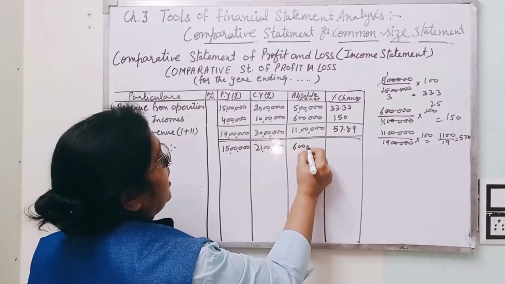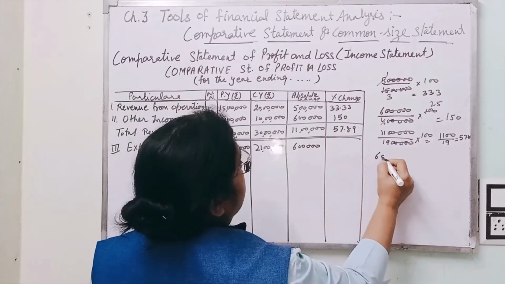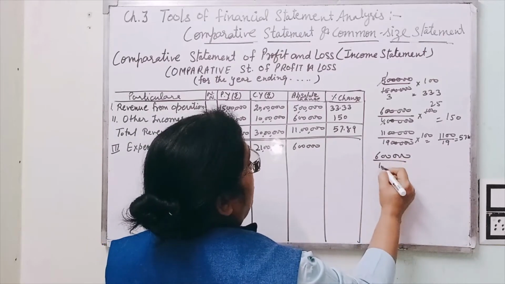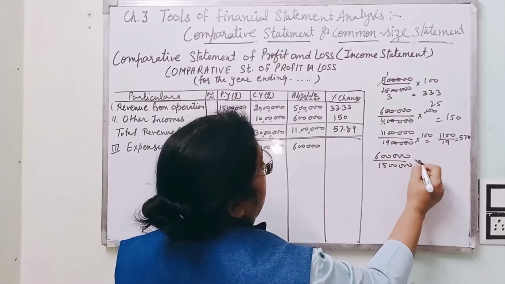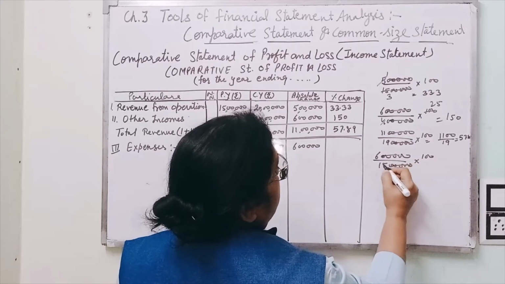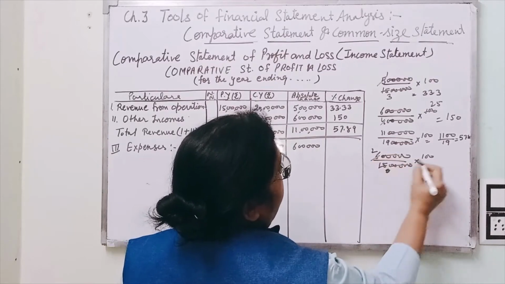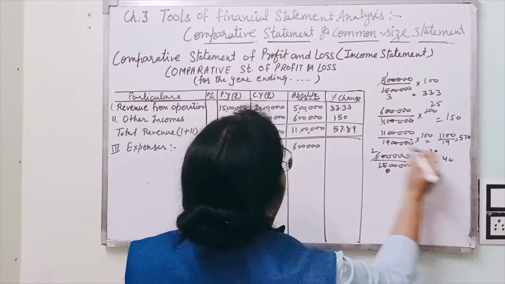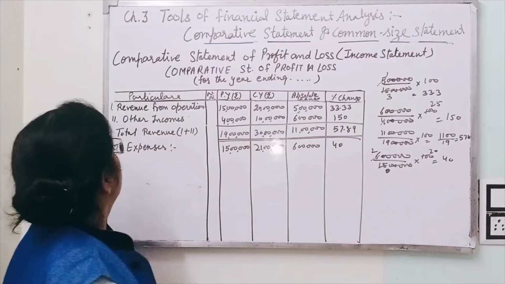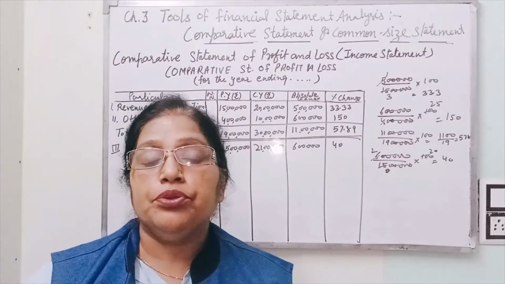Absolute change is 6 lakh. Percentage change 6 lakh upon 15 lakh multiply by 100. 3, 5, 20 means 40%. Nothing else is given to you.